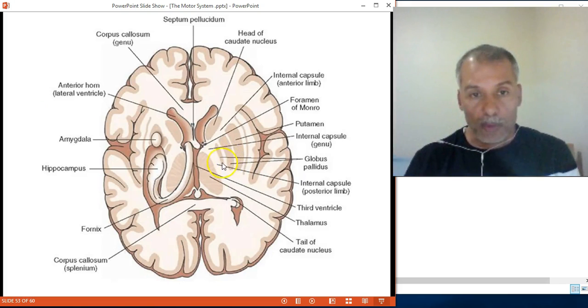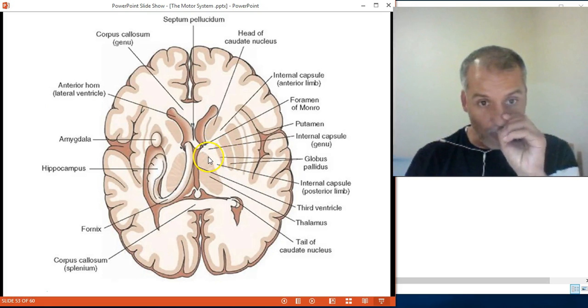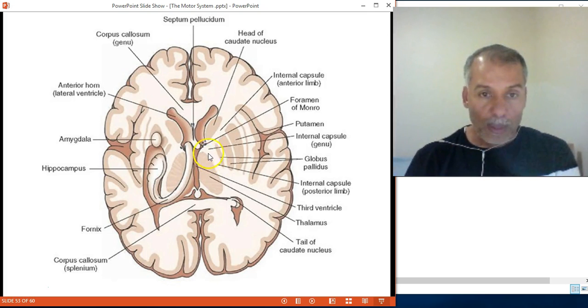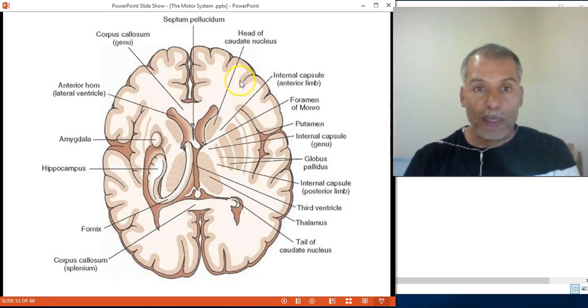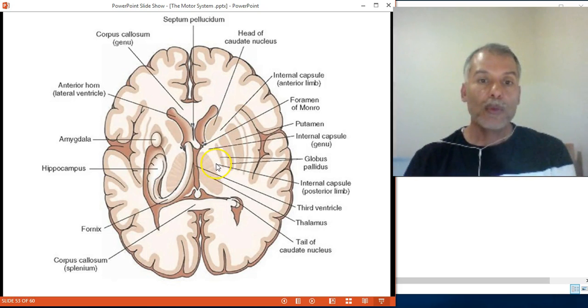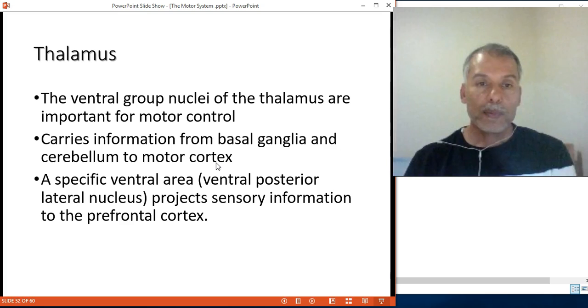The internal capsule is the space between the thalamus and the basal ganglia. Here you can see the internal capsule. These fibers come from above and pass through the internal capsule.